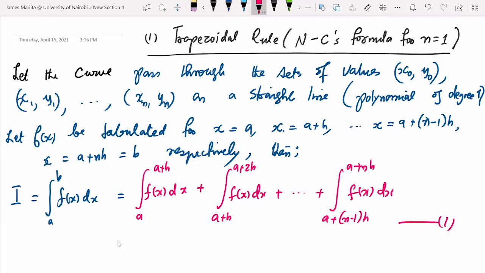The first integral will be from this point to a plus h. Then from a plus h, the next one will be from a plus h to a plus 2h, and so on up to the last point, that is b.